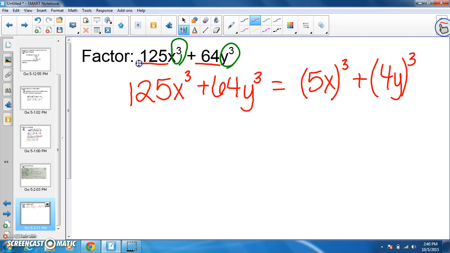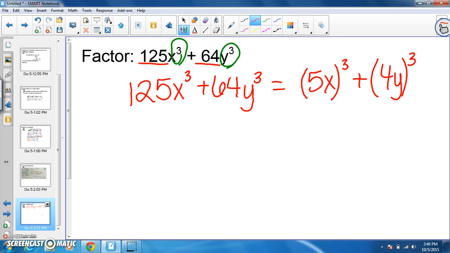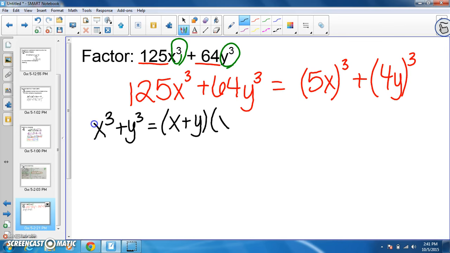So now we're going to recall the sum of cubes identity, which is x cubed plus y cubed is equal to x plus y times x squared minus xy plus y squared. So we have x cubed plus y cubed is equal to x plus y times x squared minus xy plus y squared.